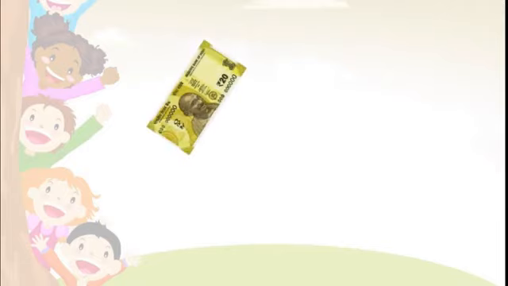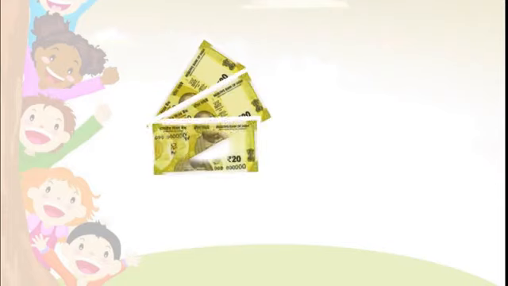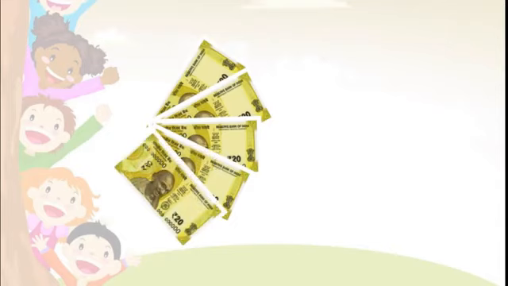Next one. 20 rupees note is there. 1. This is second note. Third note. Fourth. And fifth. Means we can see here a new 20 rupees note. How many notes are there? 5.